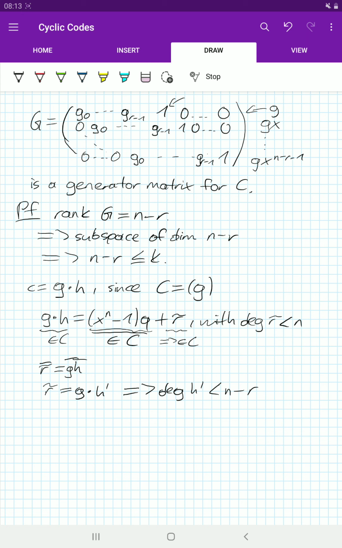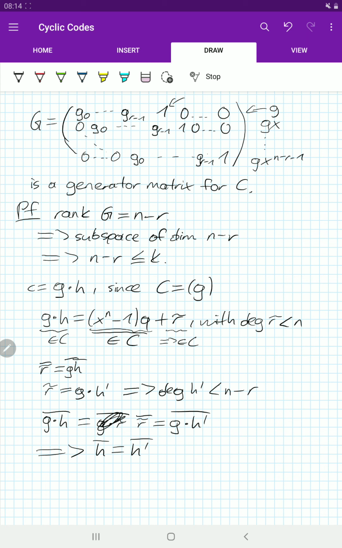And well, now we see that G times H is the same as G times R tilde, and from that we get that H is equal to H prime.